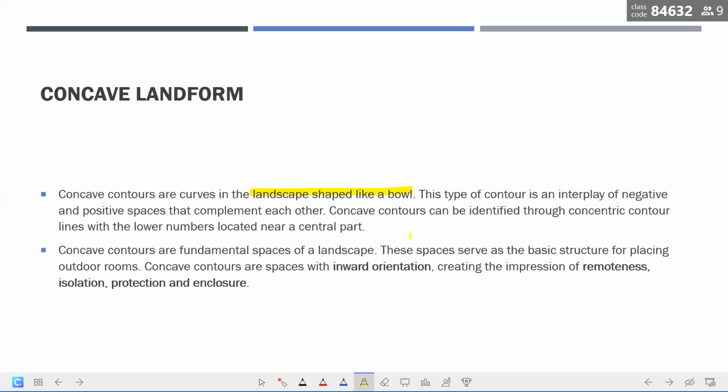These contours are spaces with inward orientation. They do create the impression of remoteness, isolation, a certain degree of protection, and a bit of enclosure.